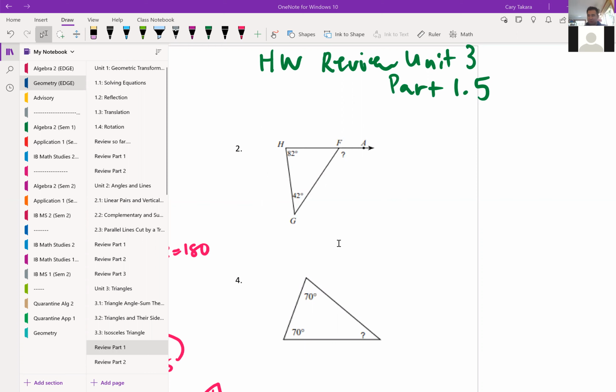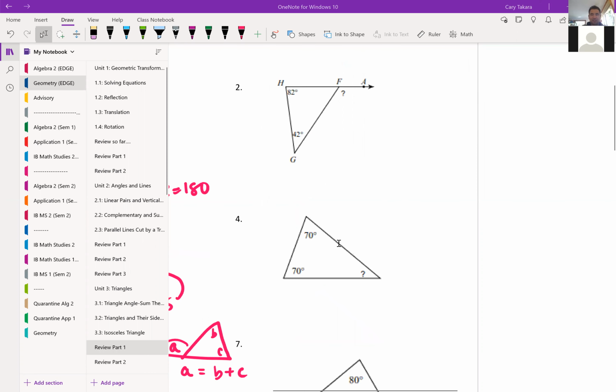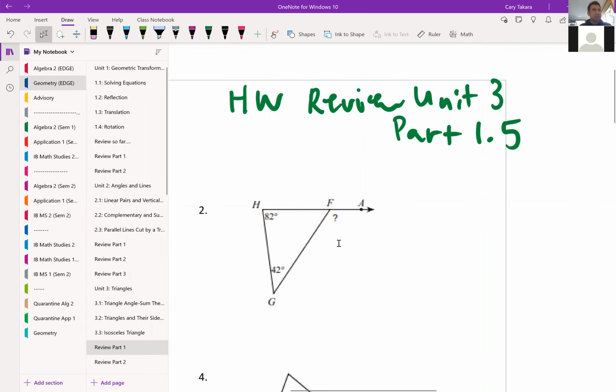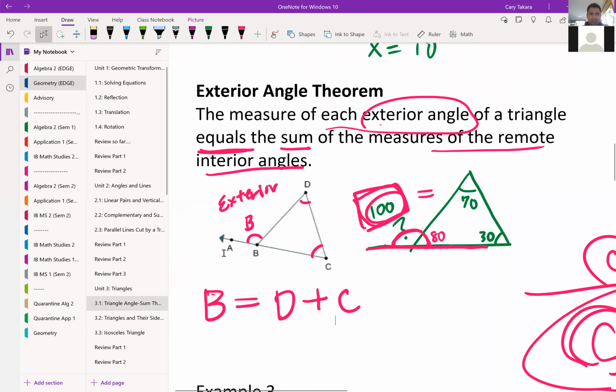Number 2, right here. So ready? We need to figure out this angle. And to do that, I know it's been a while, hasn't it? But we're going to use this exterior angle theorem.